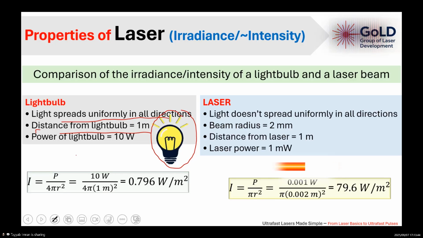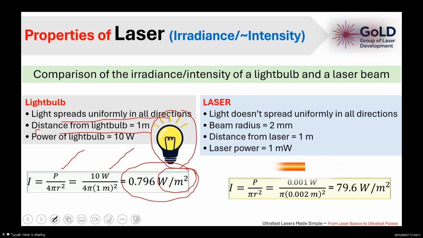And we use a formula here. And what we get here is 0.796 watt per meter square. Forget the unit at the moment, and just see the comparison.